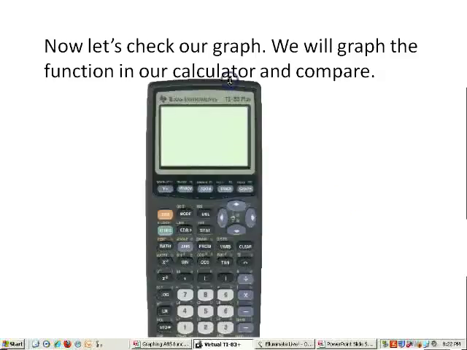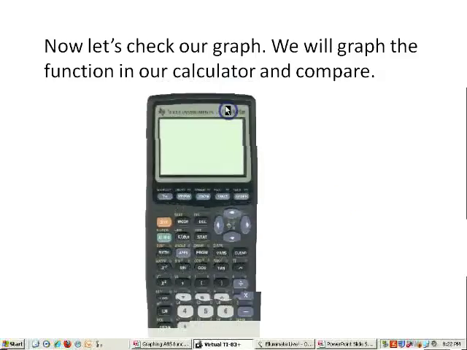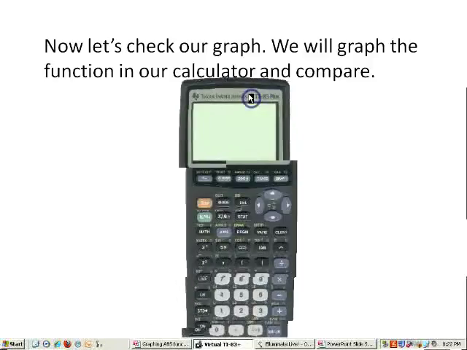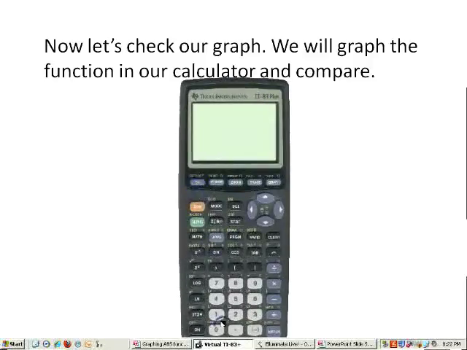Let me pull my calculator over here and go over how to type this in. I want to go to my y equals screen, turn the calculator on, then go to y equals screen, and I want to type in the absolute value function. The absolute value function is under the math key, so I go to math, then arrow over 1 time to the num column, and absolute value is the first function there, ABS.